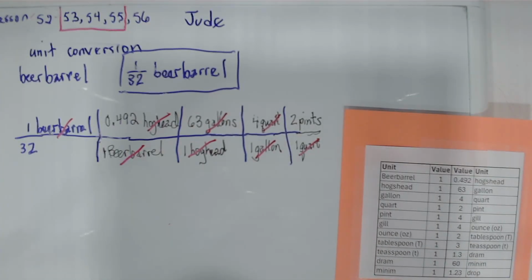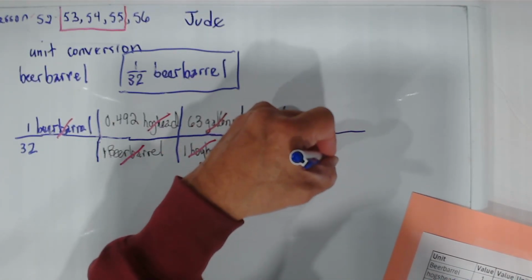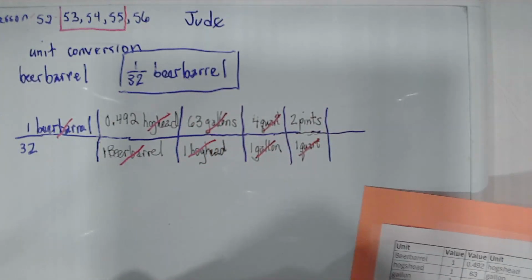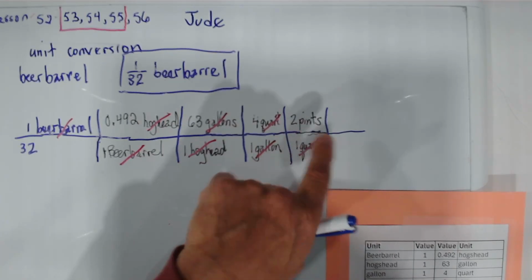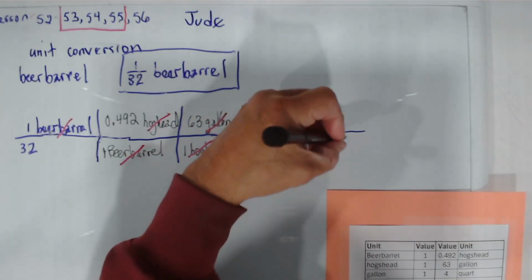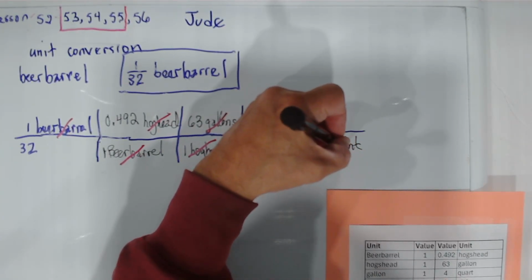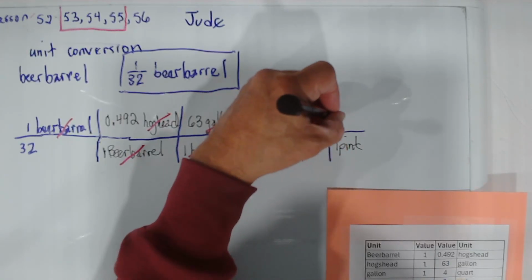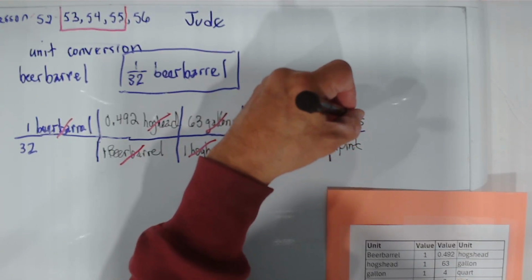Now we'll extend this out a little bit more. And here we have pint to gill. We have pints on top. We want to cancel pints out, so I'm going to put 1 pint on the bottom, and I'm going to put 4 gills on top.